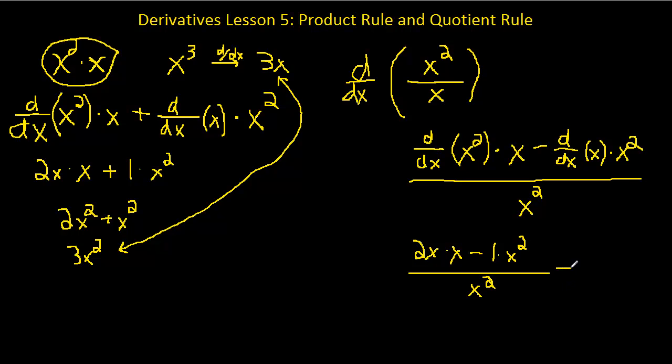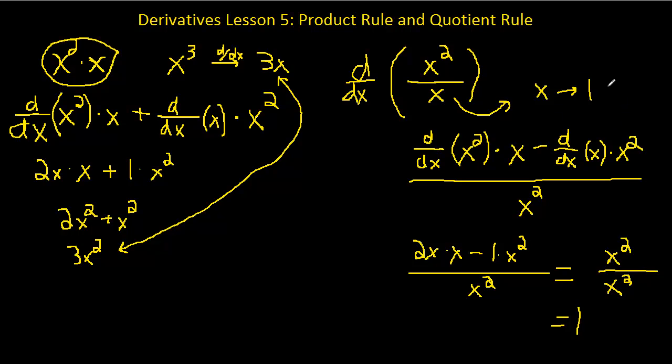So now on the top, this is 2x squared, minus 1x squared is just x squared, over x squared. This equals 1. And if we go back, like we did before over here, and cancel the x's on the top and bottom, what we have left over is x, and the derivative of x is 1.